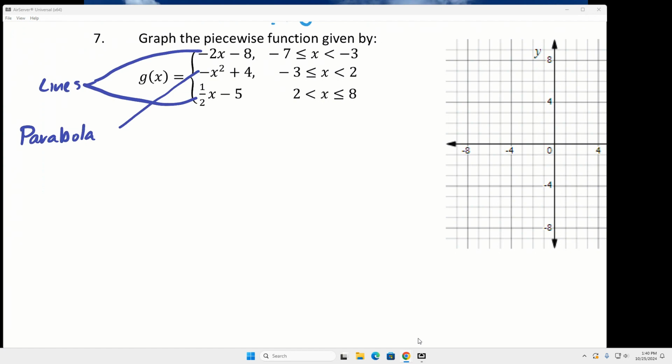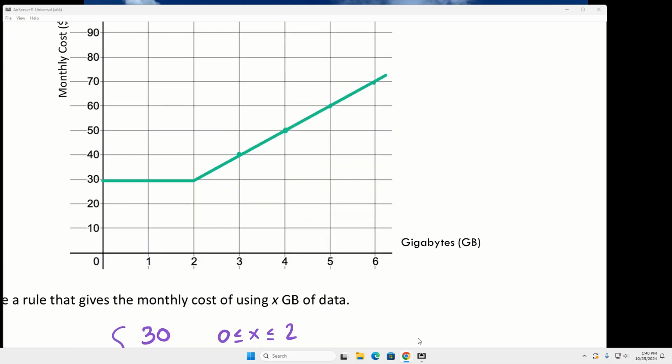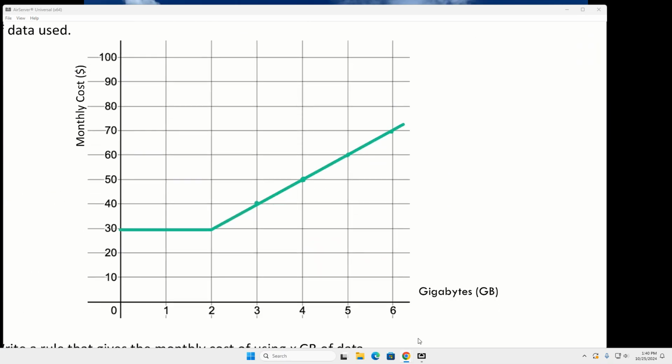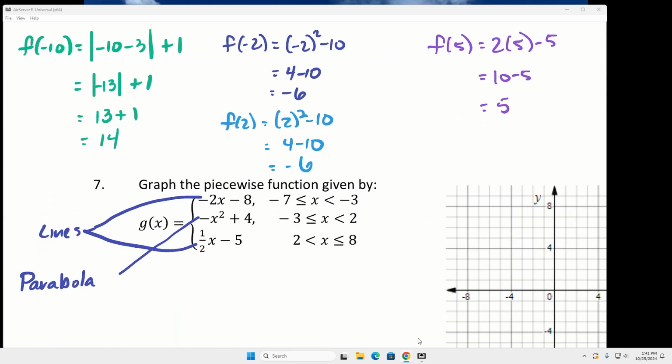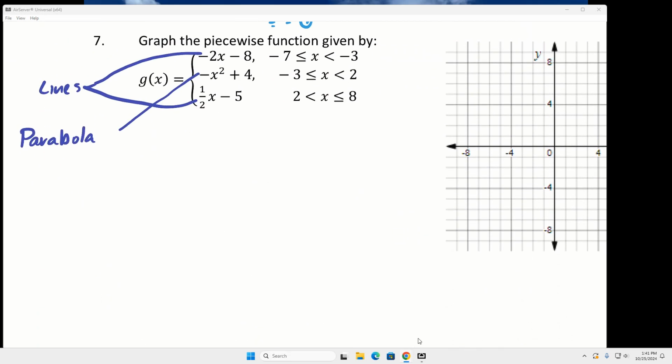And none of these are horizontal lines. So the thing I did at the beginning, where did I do it? Pizza place, where I did this little table, we're going to do that for every piece. So it's going to be a little bit more time consuming. All right, so let's just start with the first piece. A little line segment.